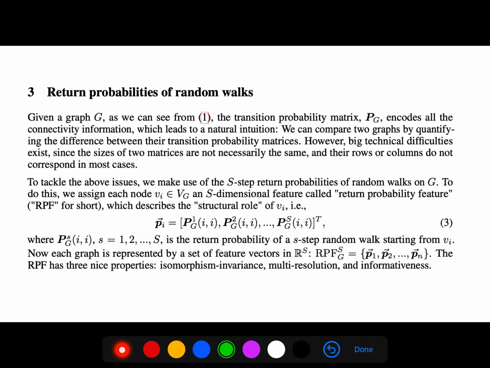So this entry is the return probability of an S-step random walk starting from v_i. Now each graph is represented by a set of feature vectors.